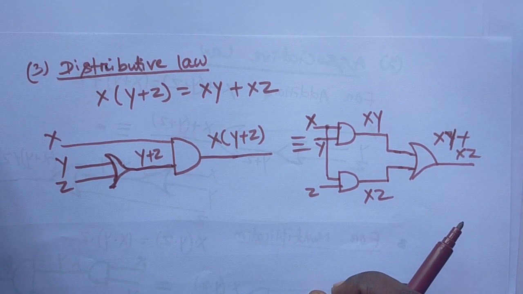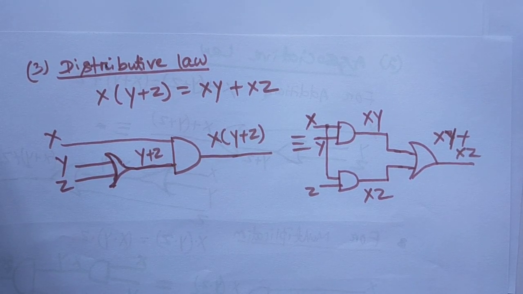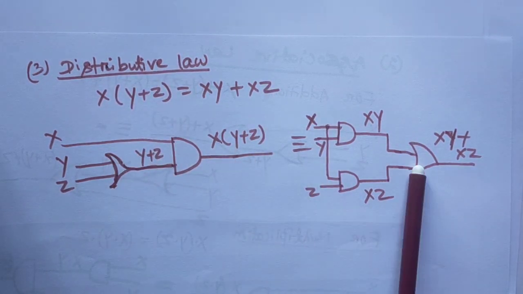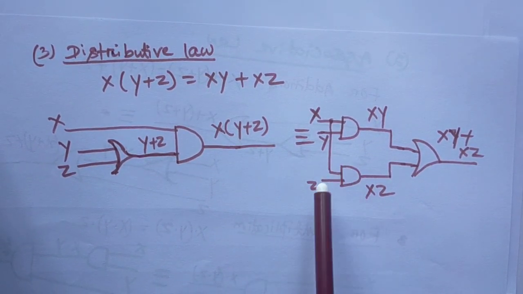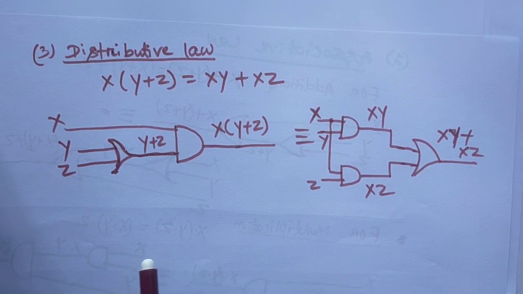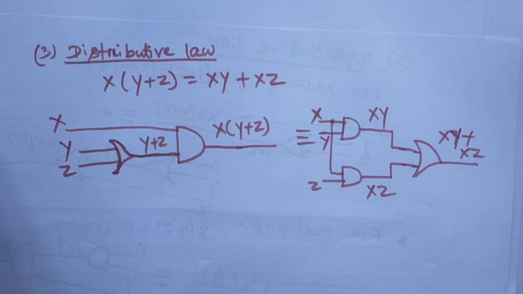So in this way, different laws and different rules we can define. Both this part and this part are equal, so I used the equivalent symbol to design each individual part. So we considered different logic gates to define the different laws under Boolean algebra.